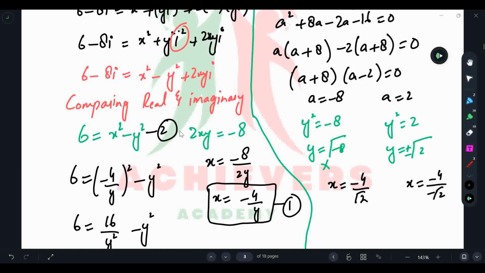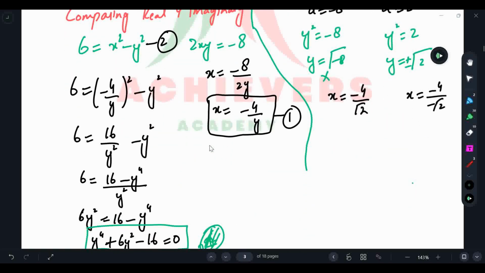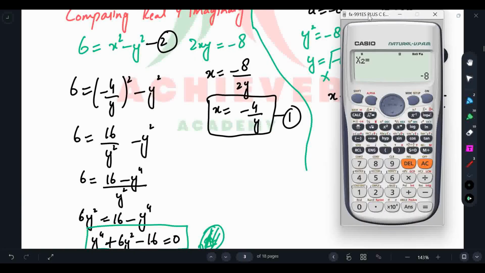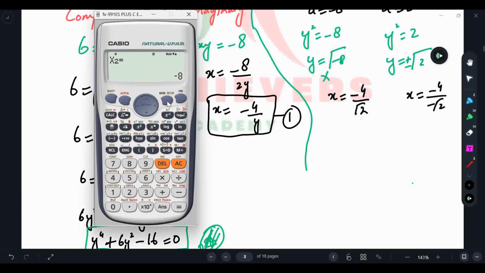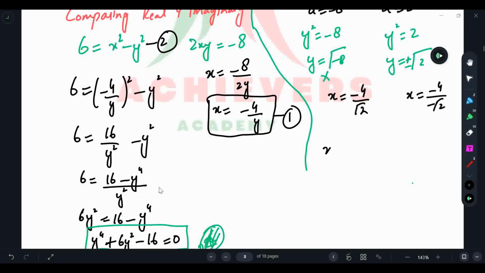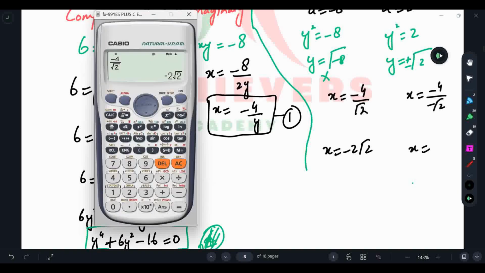Now just simplify the values. Negative 4 divided by square root of 2 will be equal to negative 2 square root of 2. So x will be equal to negative 2 square root of 2, and from the other side x will be equal to positive 2 square root of 2.